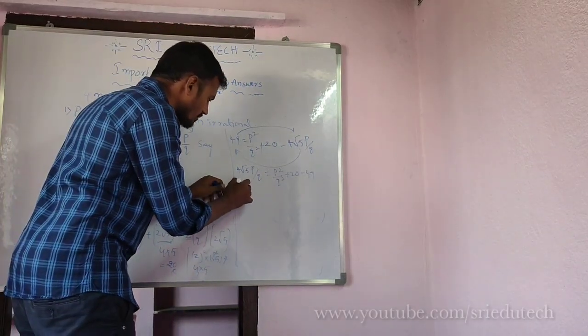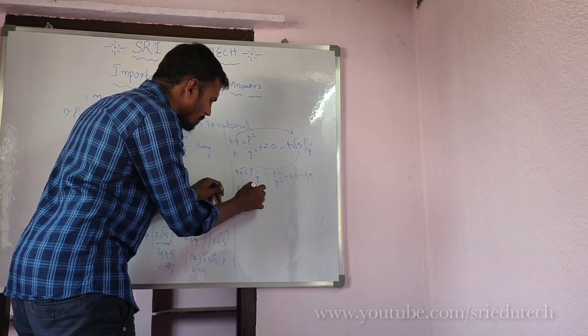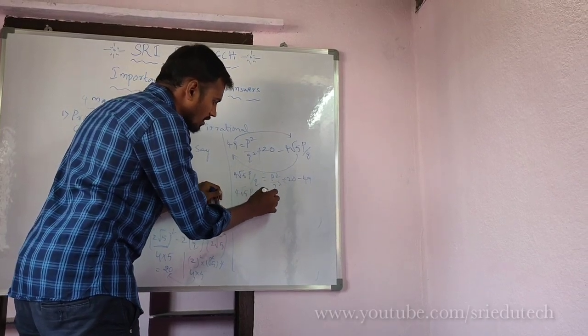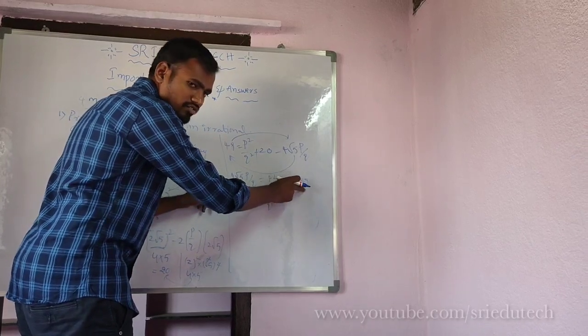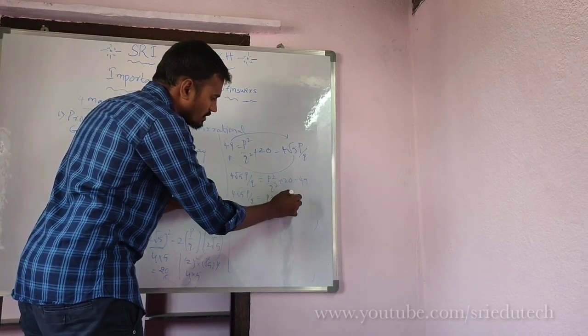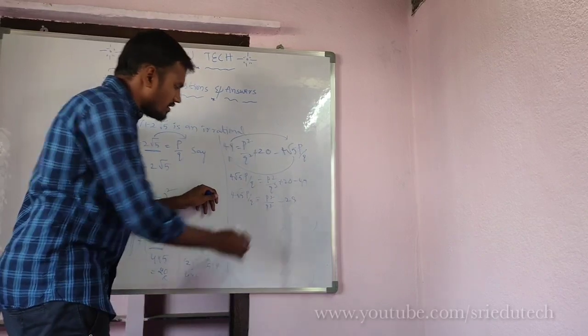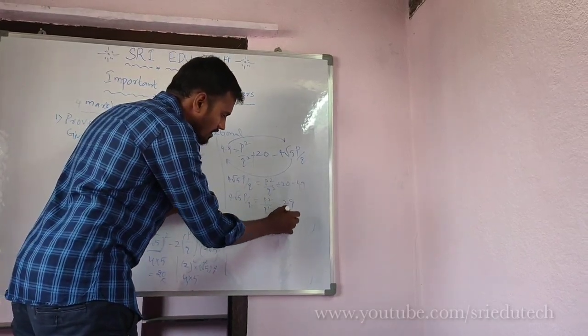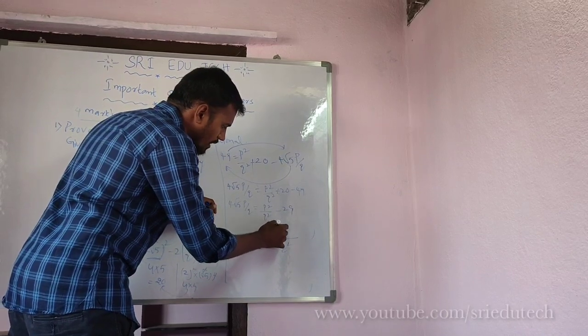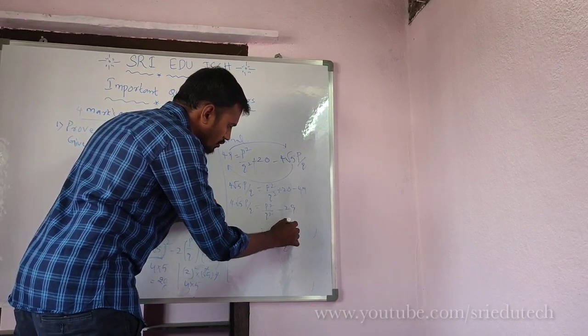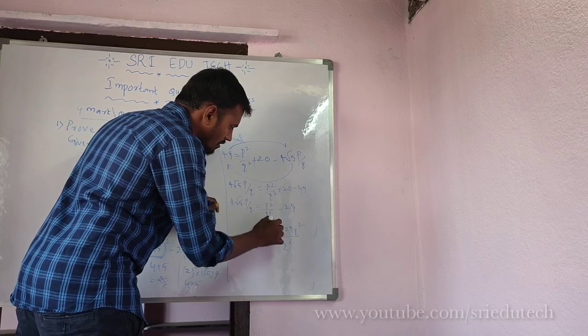See, 4 root 5 p by q is equal to p square by q square, and 20 minus 49 is minus 29. Right? See here, LCM q square. Then p square minus 29 q square.